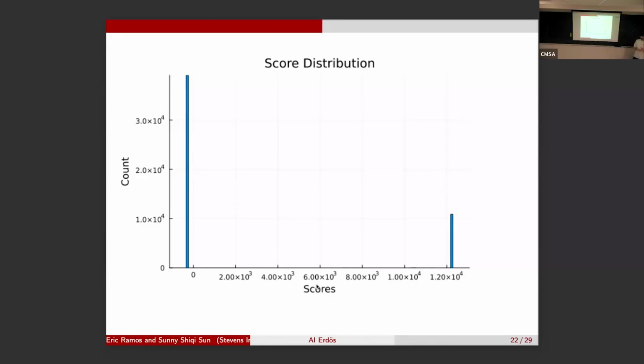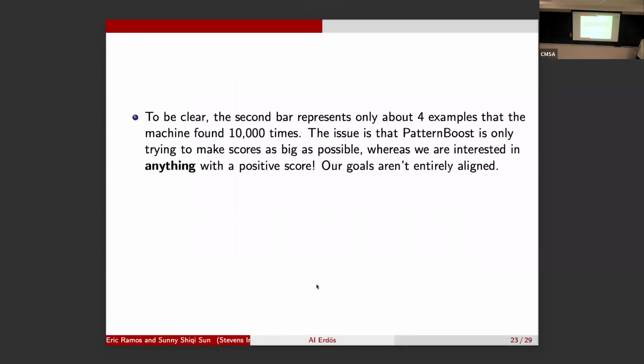And so what's happening is if you optimize too aggressively, PatternBoost is just like, oh, here's a positive number, but it's not positive enough, and it throws it out and jumps to the one which is as positive as it can possibly make it. So in other words, the goals here between what I want and what PatternBoost wants are not totally aligned. So we spent the next few days running many experiments.